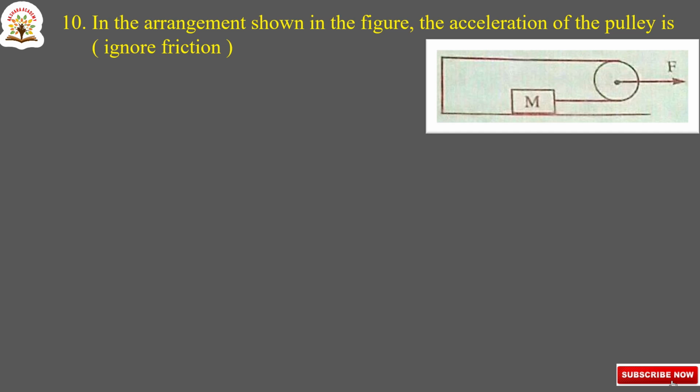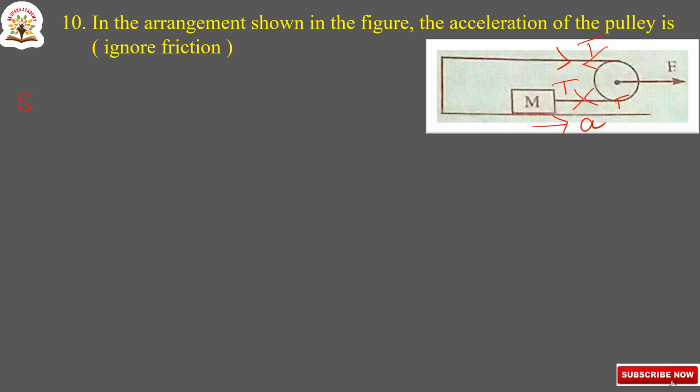Here this is a block of mass m, and here force F is applied on the pulley, and there is tension T, and here also tension T. Here this is the acceleration a in this direction.